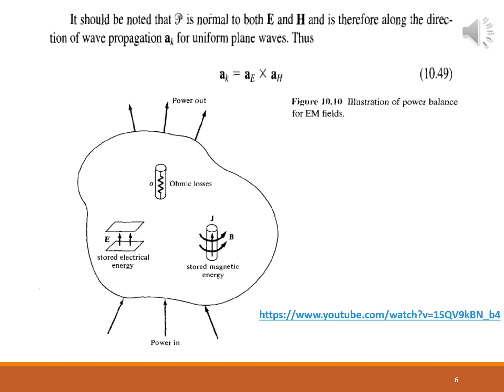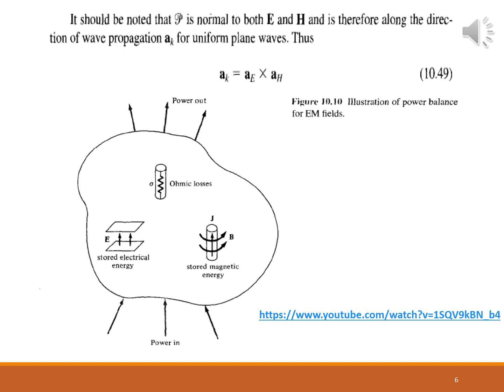Okay, so the power out is reduced mainly because of the rate of decrease of energy which is stored in the magnetic field and the electric field. So those two quantities are shown in the figure, and another reduction is from the ohmic losses. So the power balance for electromagnetic fields is illustrated as shown in this figure.